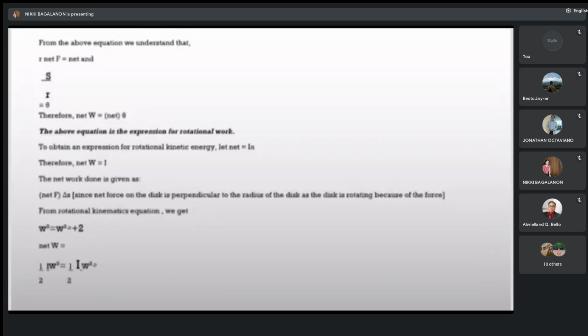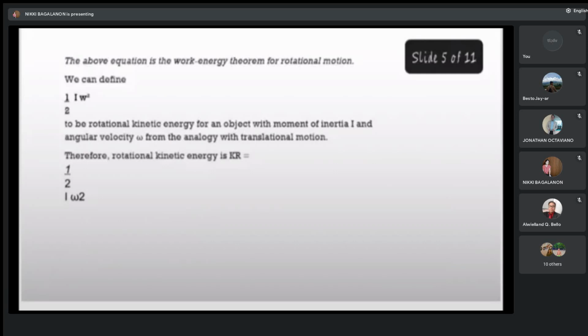The net work done is given as net force times delta s. Since the net force on the disk is perpendicular to the radius of the disk as the disk is rotating, from the rotational kinematics equation, we get ω squared equals ω naught squared plus 2 alpha theta. Net work equals 1/2 moment of inertia ω squared minus 1/2 moment of inertia ω naught squared. The above equation is the work-energy theorem.